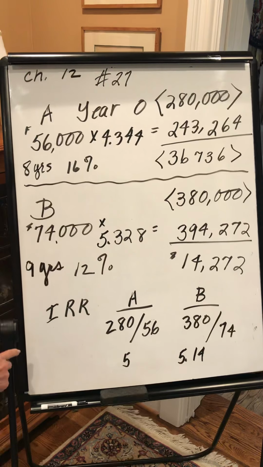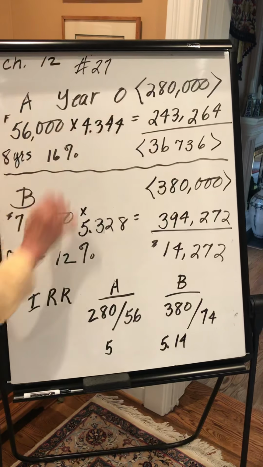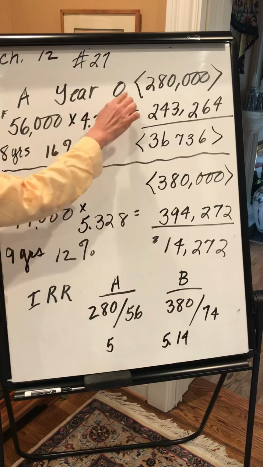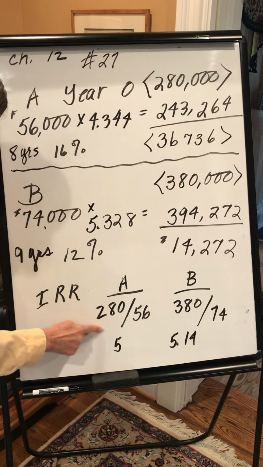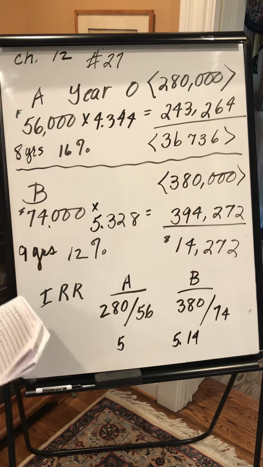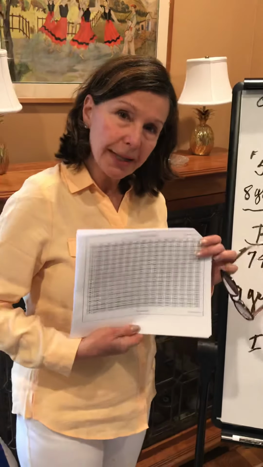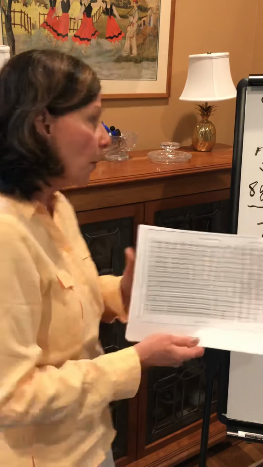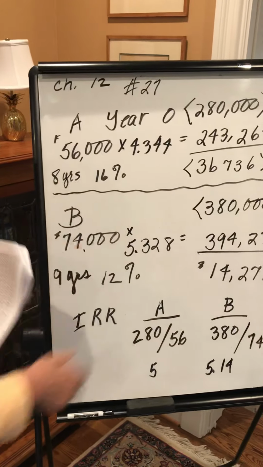We're going to simply take the project cost here, $280,000, and we're going to divide it by the annual inflow, and that's going to give us 5 for project A. So now we're going to look at our present value of an annuity table. We know that project A lasts 8 years.